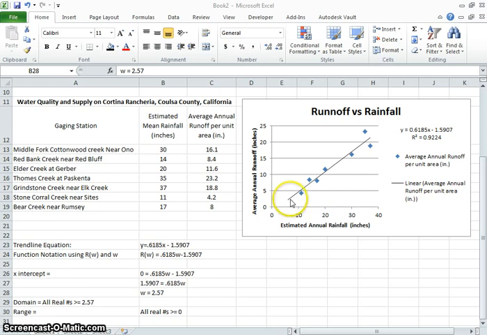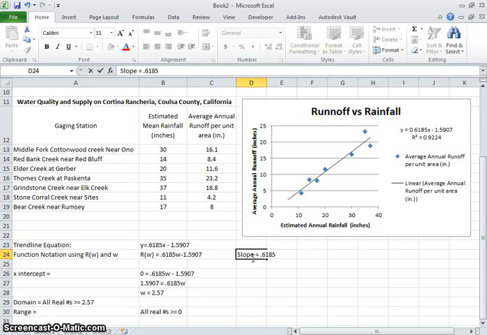The slope of my trend line, if this is slope-intercept form, my slope is going to be 0.6185.